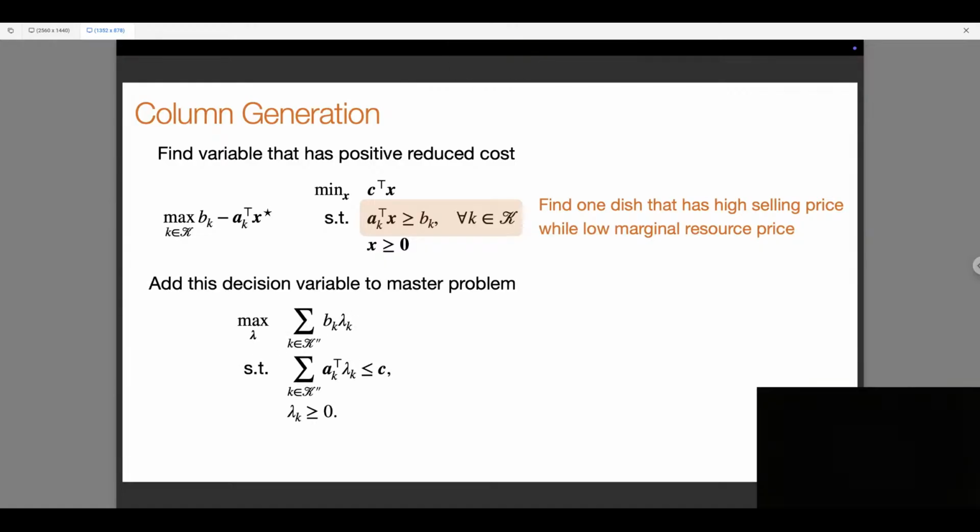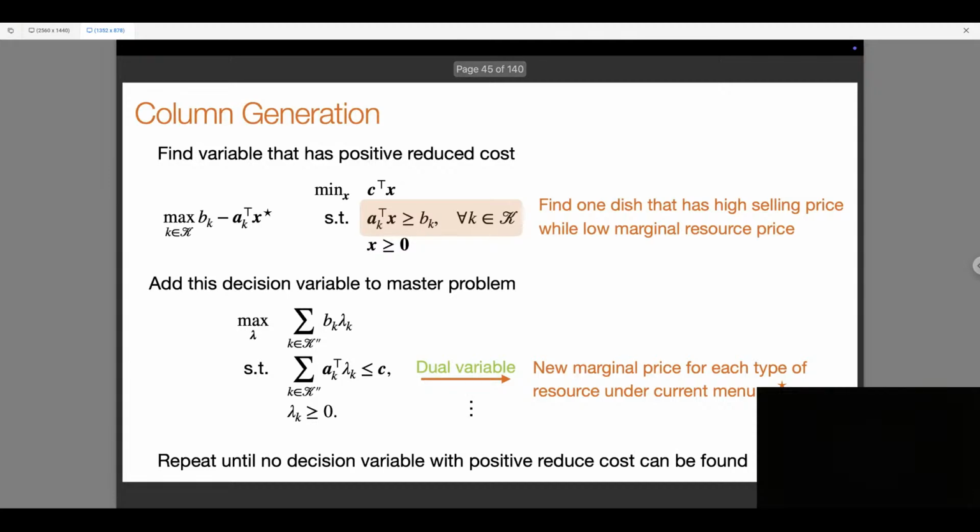Then we add this decision variable to the master problem, so we change our K prime set to a new K prime set, and we try again to solve this problem and find the dual variable, and we get the new marginal price for each type of resource under the current menu.